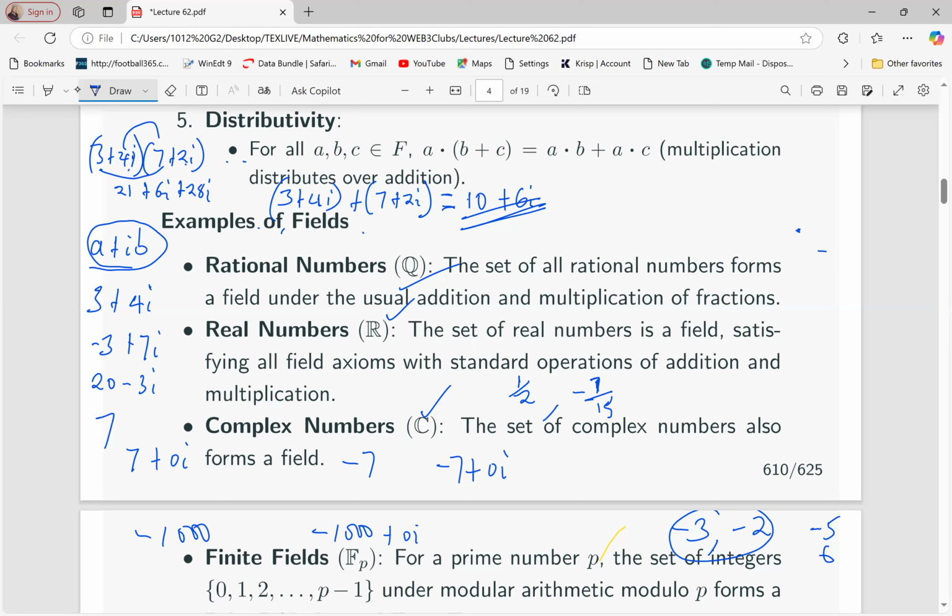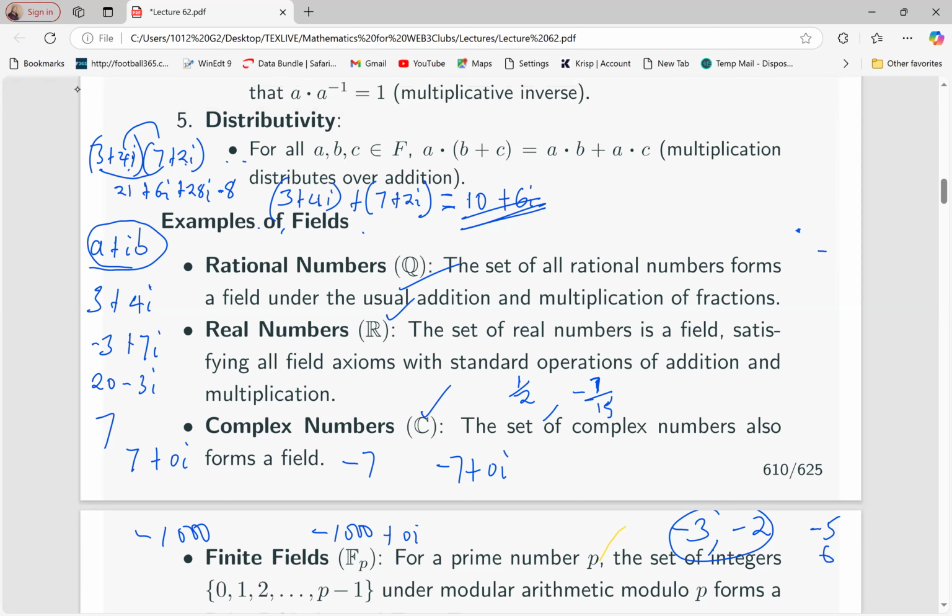And then 4i times 2i will be -8. And then you collect like terms. 21 minus 8 will be 13. And then 6i plus 28i will be 34i. And this is a complex number.